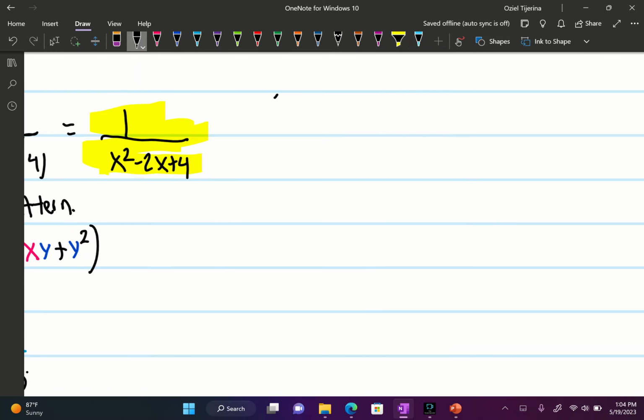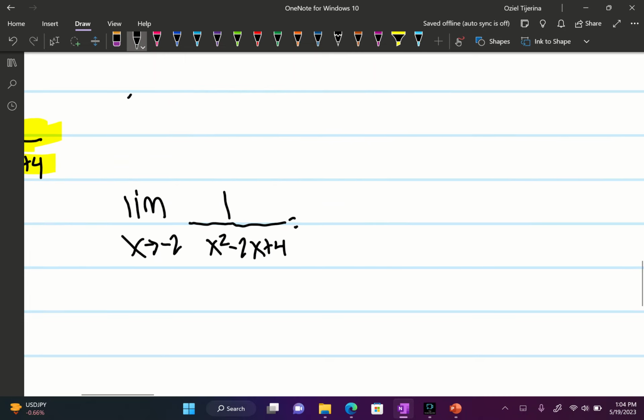So now we can say the limit as x approaches negative 2 of 1 over x squared minus 2x plus 4 is really going to be 1 over the quantity negative 2 squared minus 2 times negative 2 plus 4.